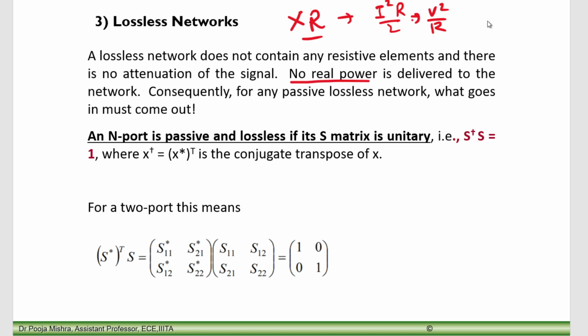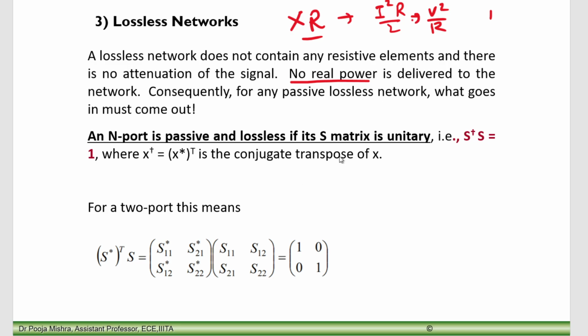Imaginary power means there is power storage over here. You have seen in the Poynting theorem that we have real power and imaginary power. The real power shows power delivered or power loss, and the imaginary power shows the power stored within the network. So if there is no real power, power is stored within the system and the network is lossless.